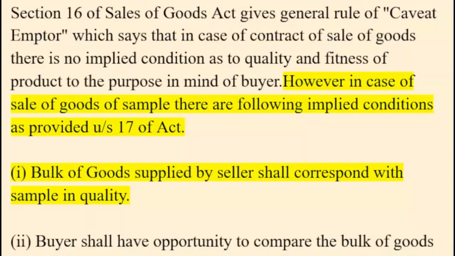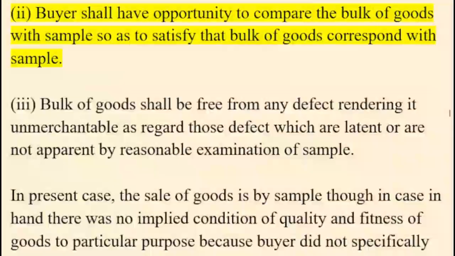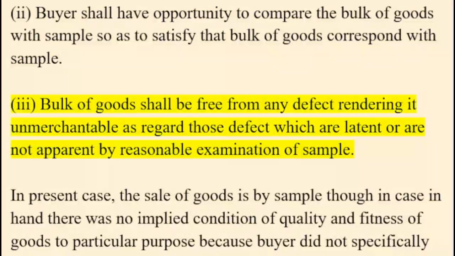However, in case of sale of goods by sample there are the following implied conditions as provided under Section 17 of the Act. (i) The bulk of goods supplied by the seller shall correspond with the sample in quality. (ii) The buyer shall have the opportunity to compare the bulk of goods with the sample so as to satisfy himself that the bulk corresponds with the sample. (iii) The bulk of goods shall be free from any defect rendering it unmerchantable as regards those defects which are latent or are not apparent by reasonable examination of the sample.